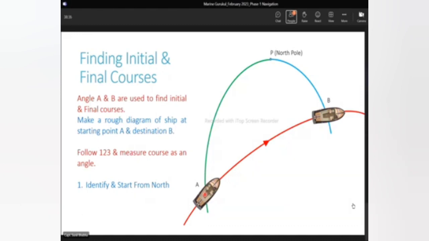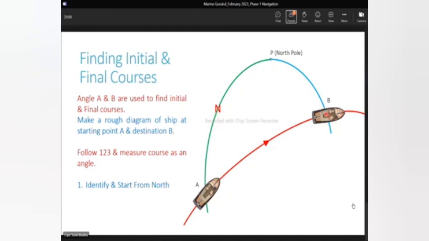So to identify the north direction, we basically have to see where the meridian is going. Now when the ship is at point A, the meridian is this green color track, which is taking us to the North Pole. So let's mark it as point N. This N represents the direction of true north.